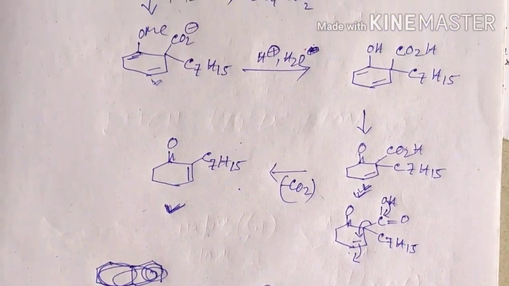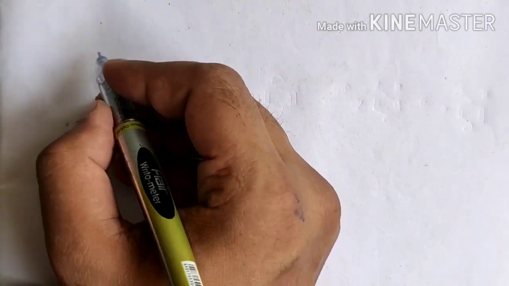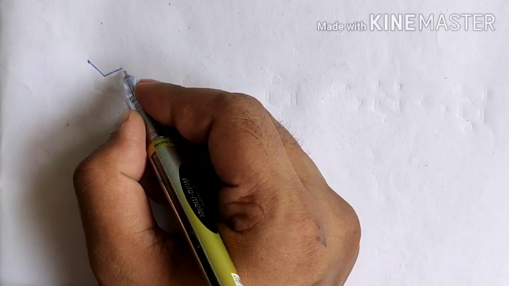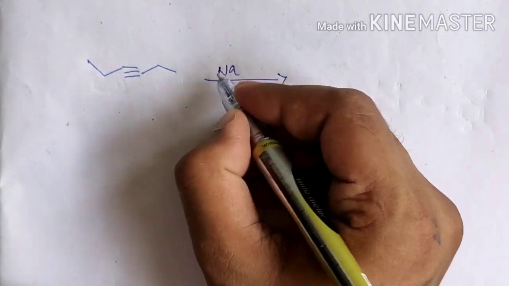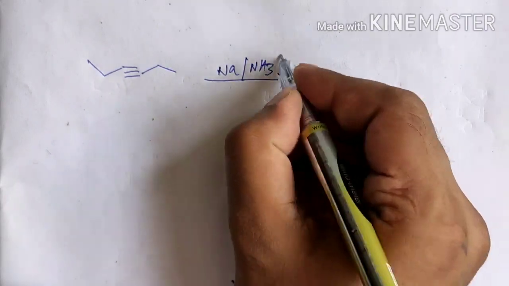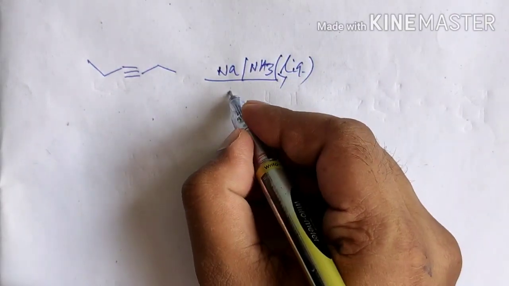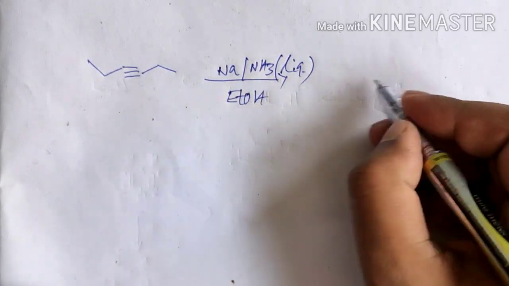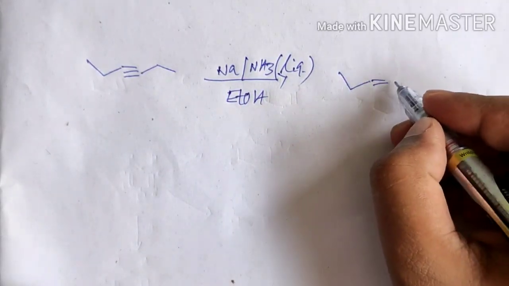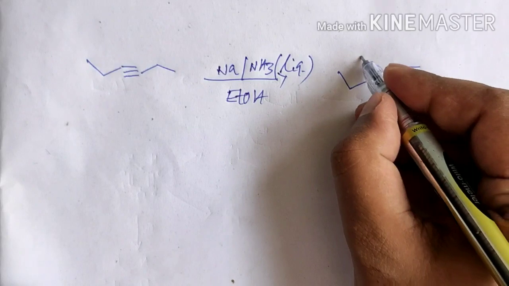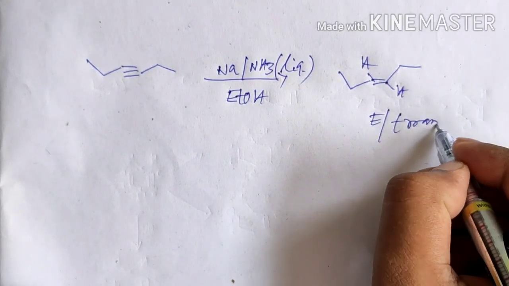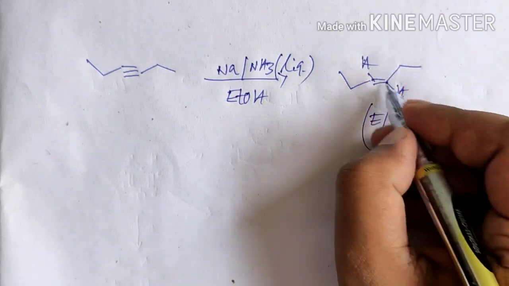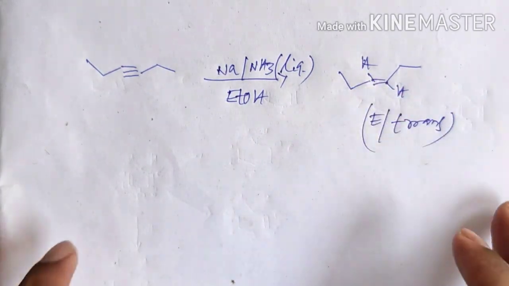Is it okay? There is another thing I forgot to mention, that for reduction of alkyne system, if you perform the Bartsch reduction for reduction of alkyne, it will give you the trans oriented product, E or trans, since the hydrogen atoms are attached in the trans orientation.